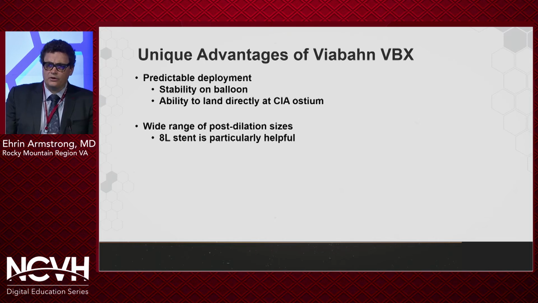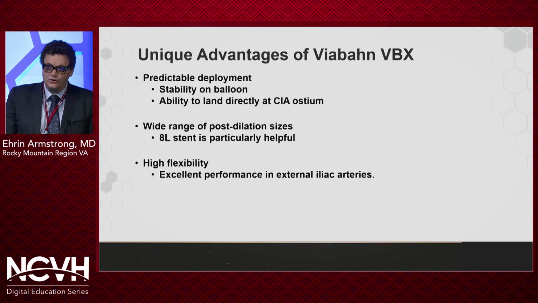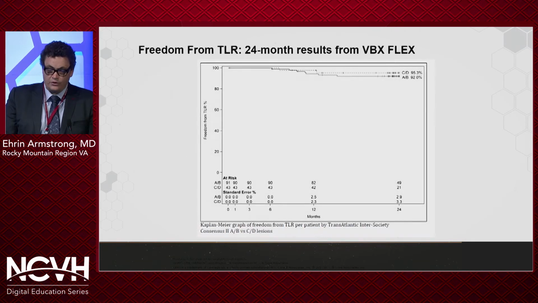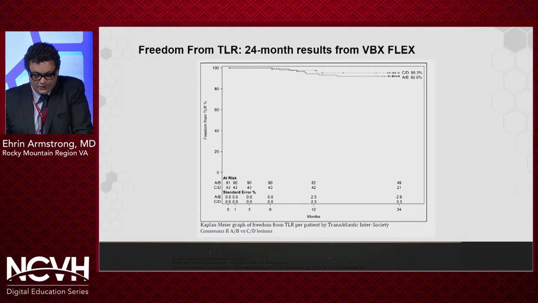There's also, importantly, a wide range of post-dilation sizes. The 8L stent is particularly helpful as it can be dilated up to 16mm, providing some utility in aortic interventions. And I think there's also very high flexibility of newer generation balloon expandable covered stents that actually have excellent performance in the external iliac arteries as well and change some of the concept of where to use self-expanding versus balloon expandable stents.